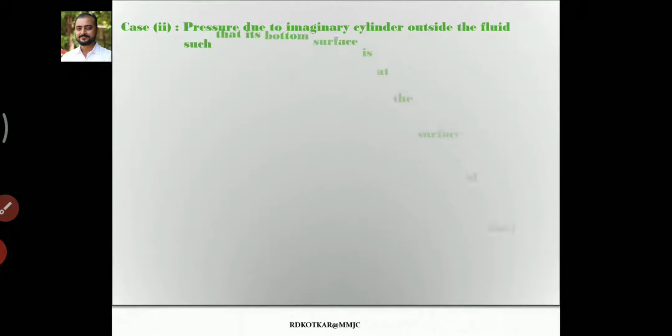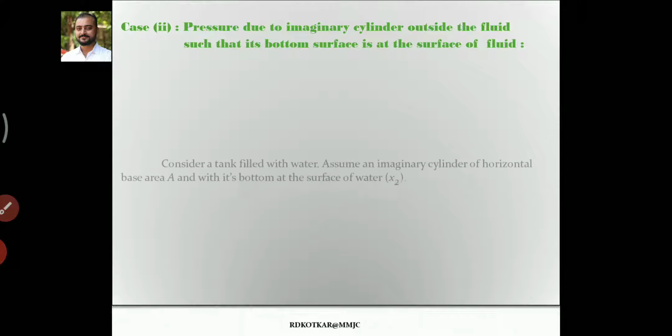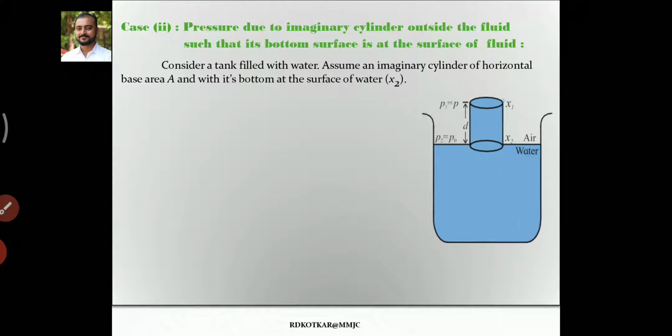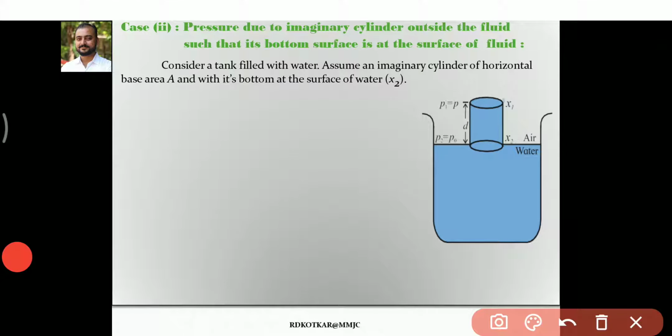In the next case, case 2, the pressure due to an imaginary cylinder outside the fluid, such that its bottom surface is at the surface of liquid. Just look at the diagram, same consideration is there. Consider a tank filled with water. Assume an imaginary cylinder of horizontal base area A with its bottom at the surface of water. What you observe in this diagram, as compared to all these diagrams, is that this diagram is somewhat different.